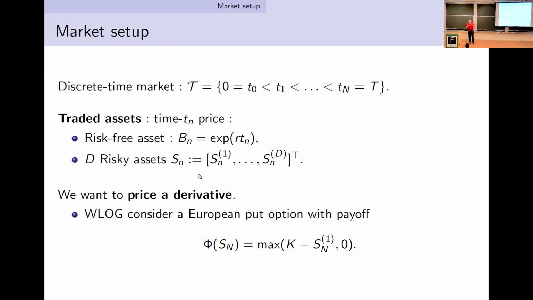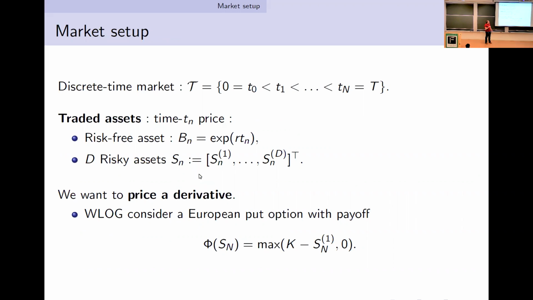Okay, so let's describe a bit the mathematical setup of our work. We consider a discrete time market where the time steps are t0, t1 until tN, so it's a discrete time setting, and we assume that we have several liquid assets that can be traded on the market.